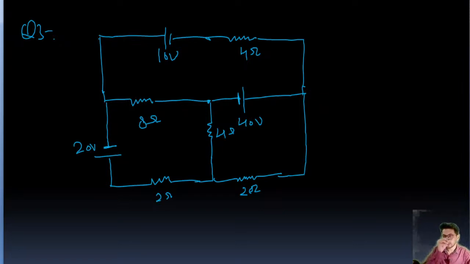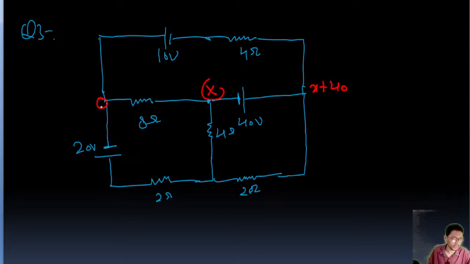So we are going to choose a point. At this point we are taking voltage as x. Okay, so this is 40, right? So at this point the voltage is going to be x plus 40. Then the difference is going to be chosen voltage 0.